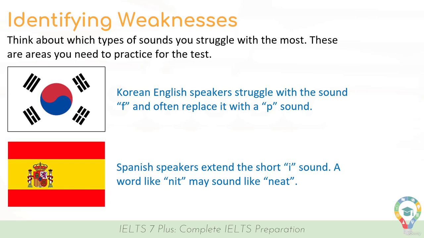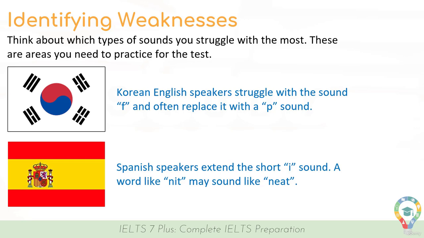Spanish speakers often extend the short I and make it into an E. A word like knit may become neat. Now these are just common examples of errors that I see in the classroom, and I hope I haven't offended anyone showing you them. But it does go to show that if you really consider what areas you find difficult, then it's easier to understand where you need to improve.